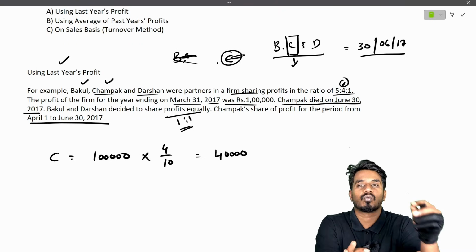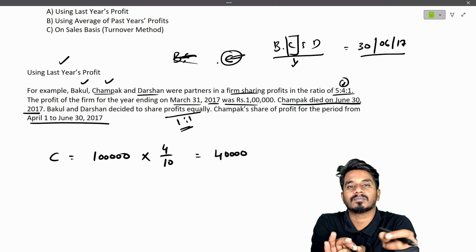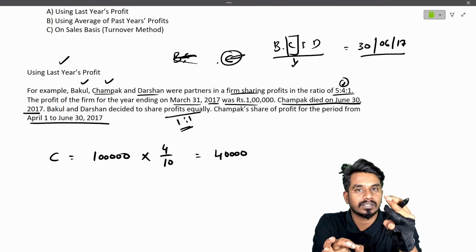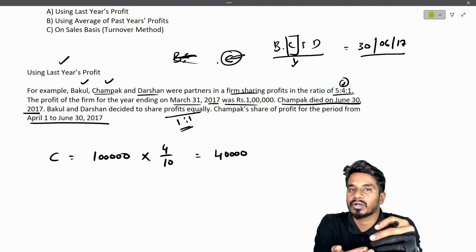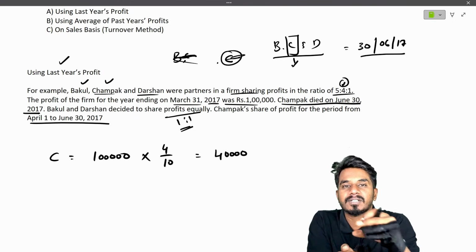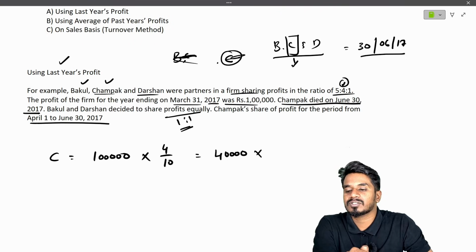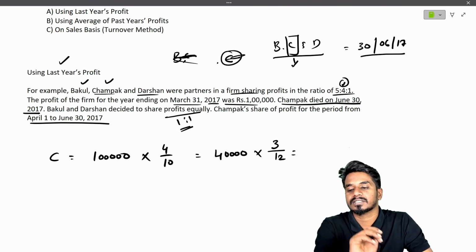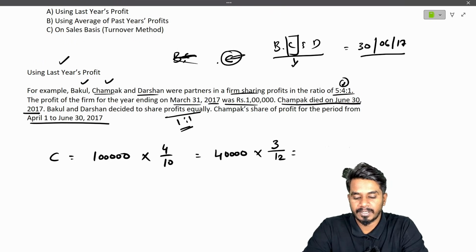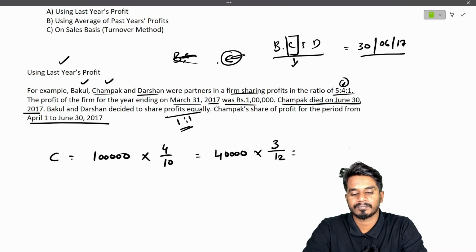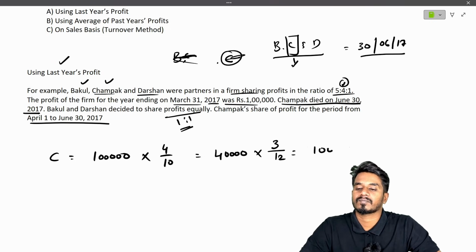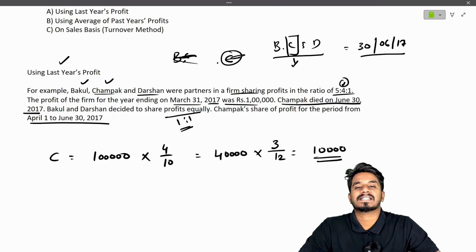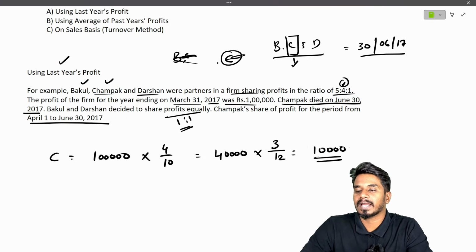But he was there in the firm for only 3 months, so we have to give profits accordingly. 3 months out of 12 months. So 40,000 into 3 by 12 is 10,000. His share of profit is 10,000. This is how we calculate if they give last year's profit.